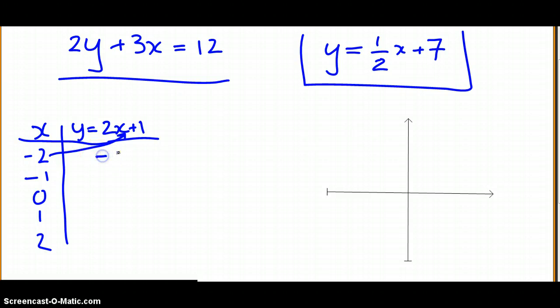In this example it would be -3, -1, +1, +3 and +5.